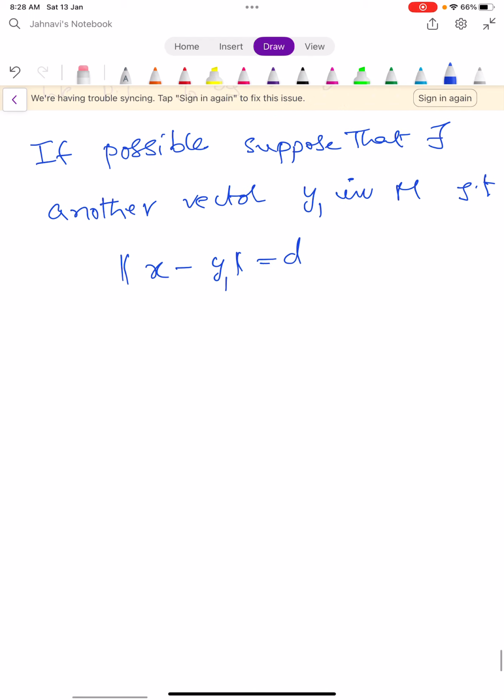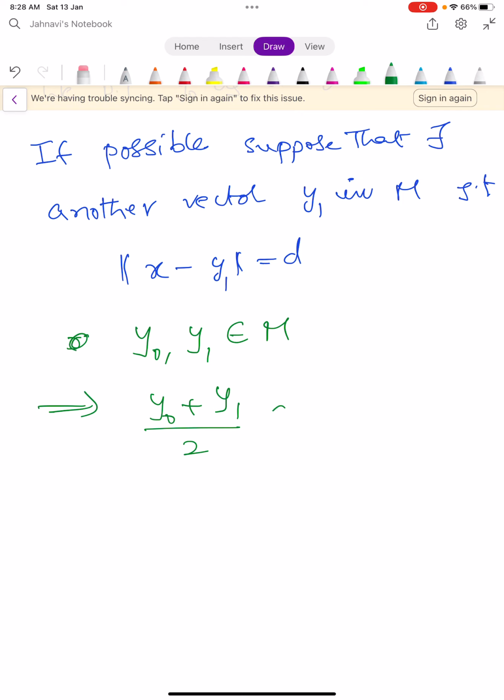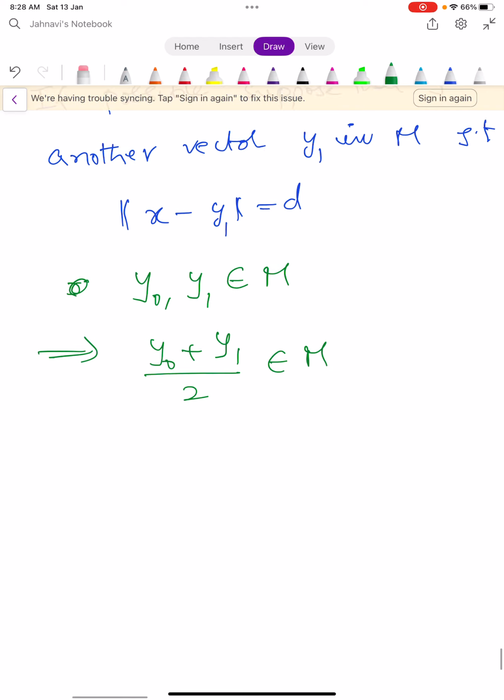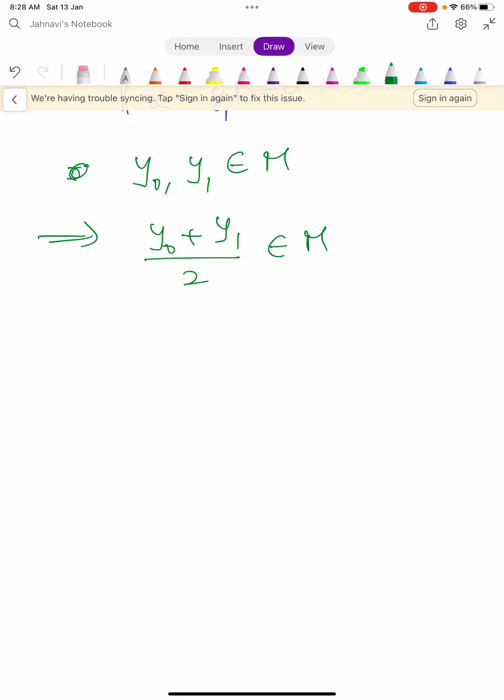It means now we have two vectors satisfying the same condition. One is y0, the second one is y1. Both belong to capital M, which implies (y0 plus y1) by 2 also belongs to capital M by the definition of convexity. Now apply the parallelogram law again.